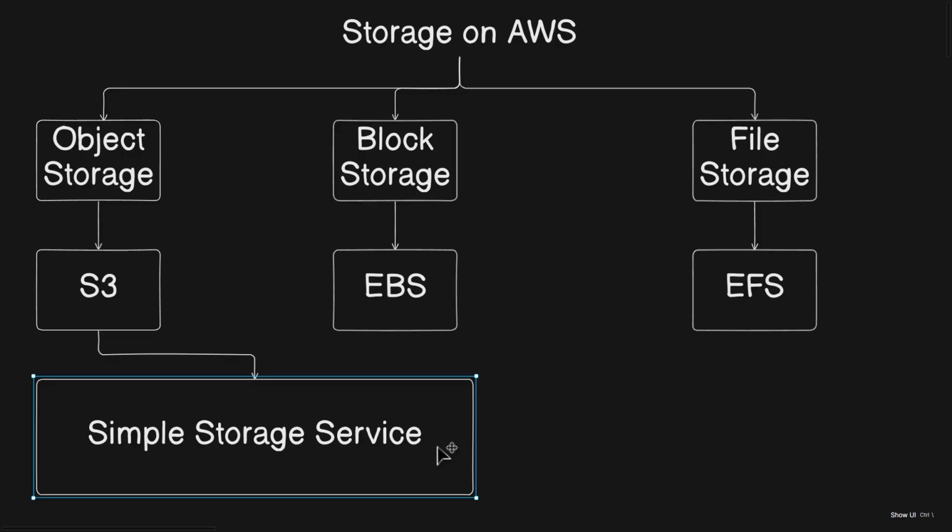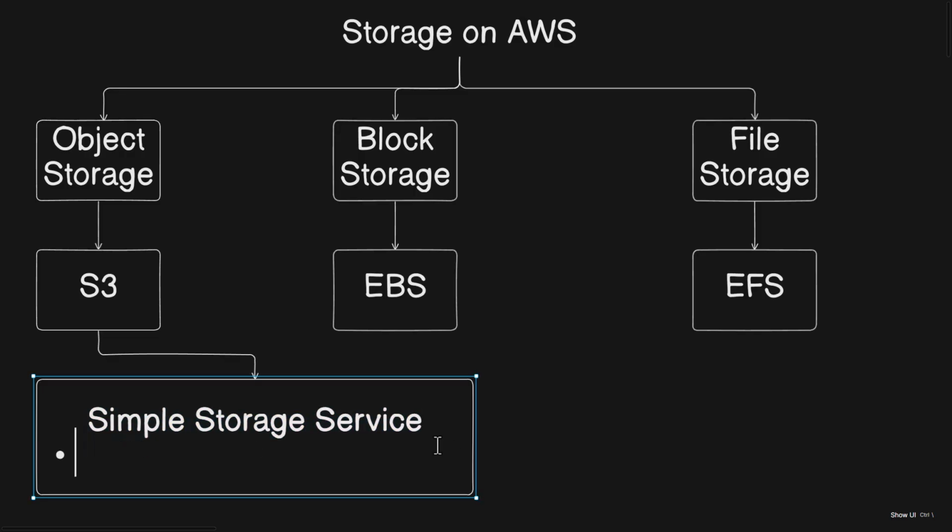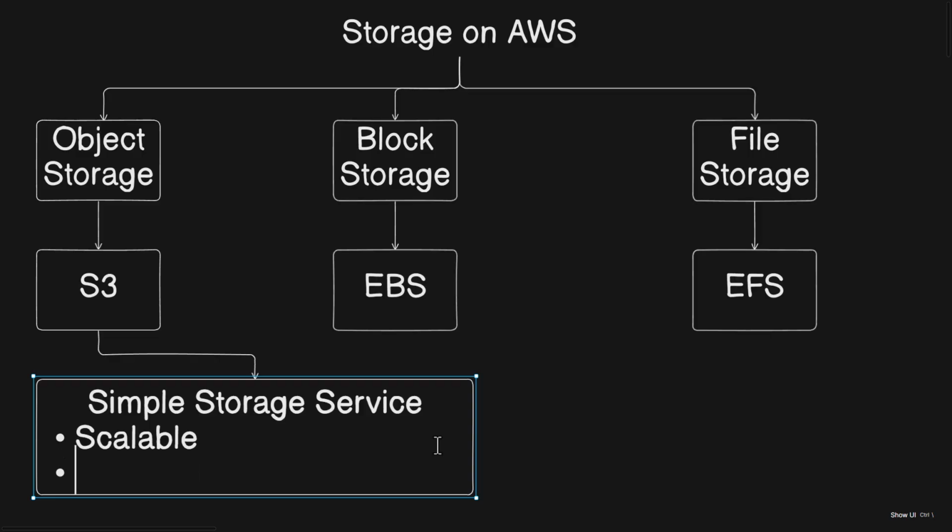With S3, things are scalable. So whether you need to store one file, 1 billion files, any number of files, it will just work. It is durable. When I say durable, AWS says that your data has 99.999999999 durability, using the nine 11 times.